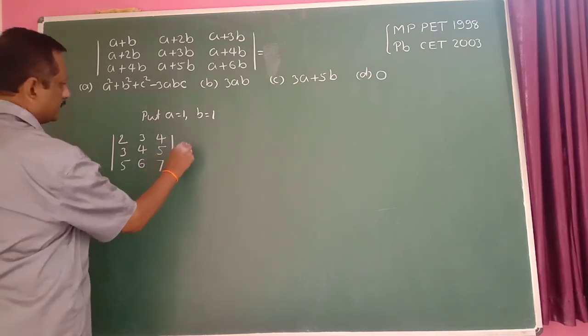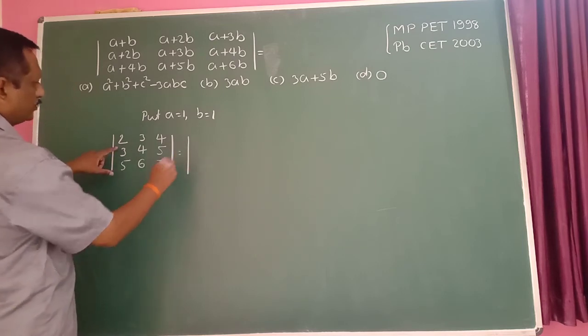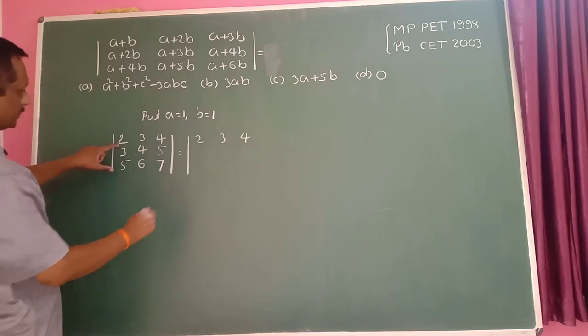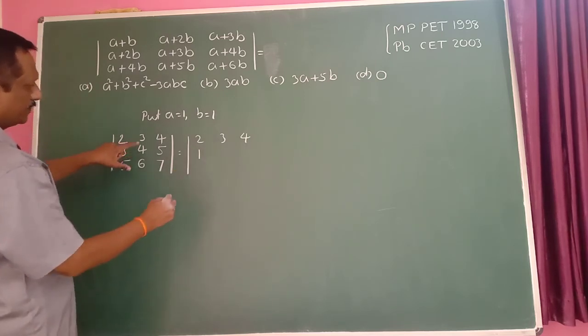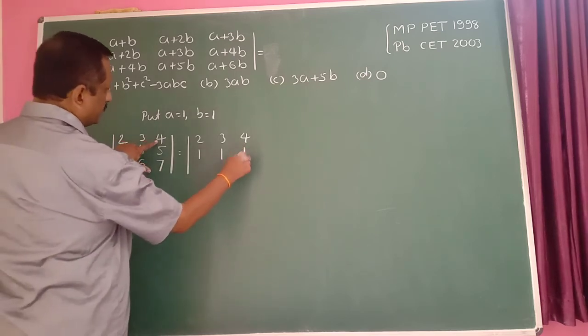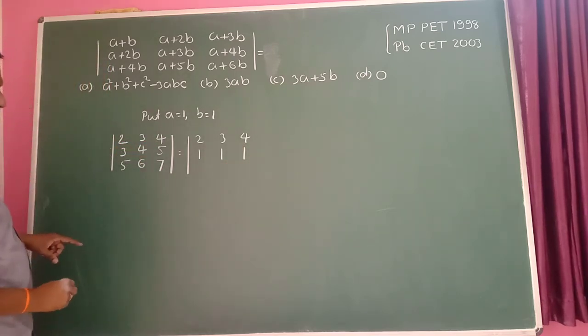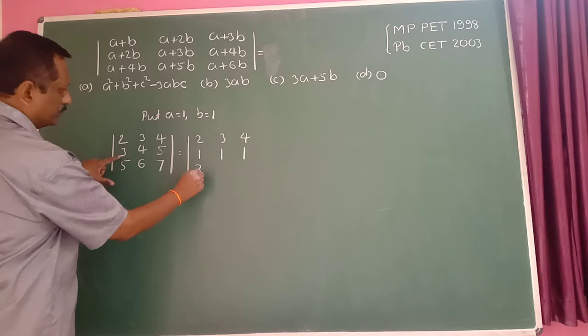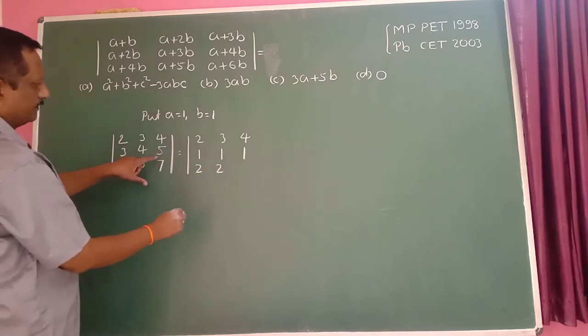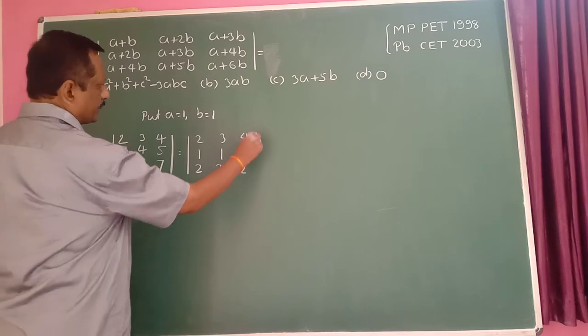Therefore, subtracting here, 2, 3, 4 write as it is. 3 minus 2 gives 1. 4 minus 3 gives 1 here. 5 minus 4 gives 1. Then 5 minus 3 gives a 2. 6 minus 4 is a 2 here. 7 minus 5 gives a 2 here.